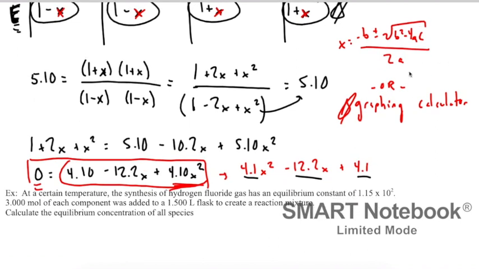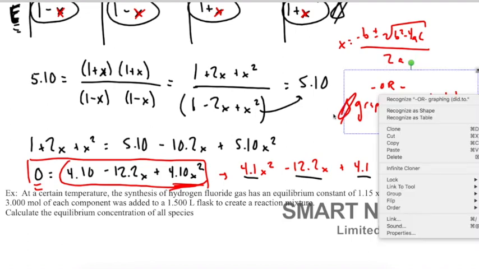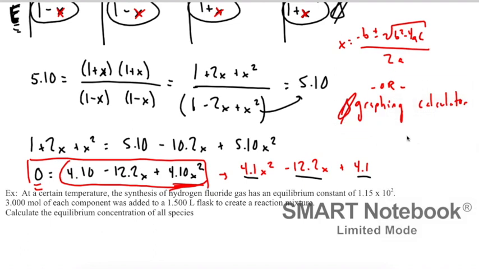I'm going to give you guys some time now. I'm not going to belabor this algebra because, once again, I'm assuming you all have the skills. If you don't have the skills, you need to come talk to me. But you should try one of these ways and see if you can solve for x right now.